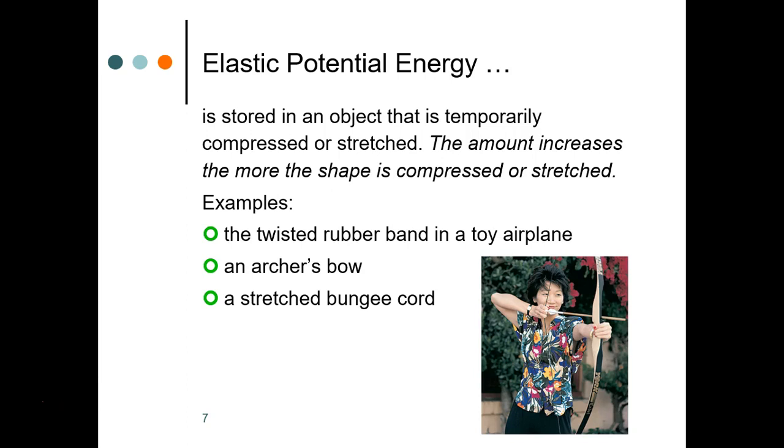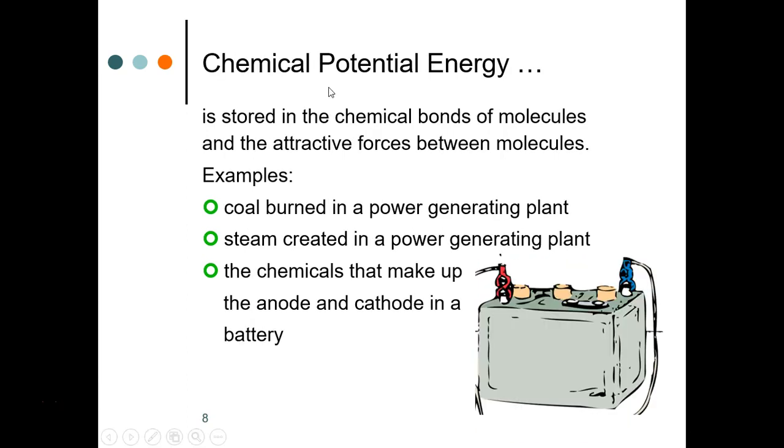Let's move on and look at the third type of energy that falls under the broad category of potential energy, and that is chemical potential energy. And that is the energy stored in the chemical bonds of the molecules and the attractive forces between the molecules. Examples of this is coal burned in a power generating plant. So the energy in the bonds of the coal store energy that's released when the coal's burned.